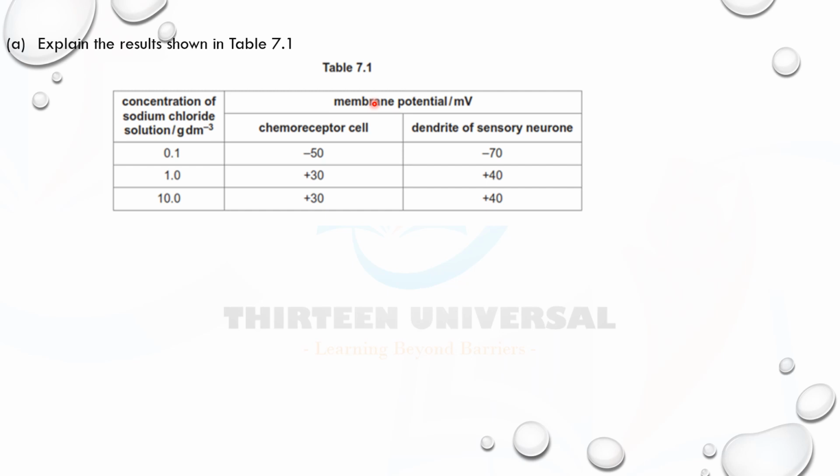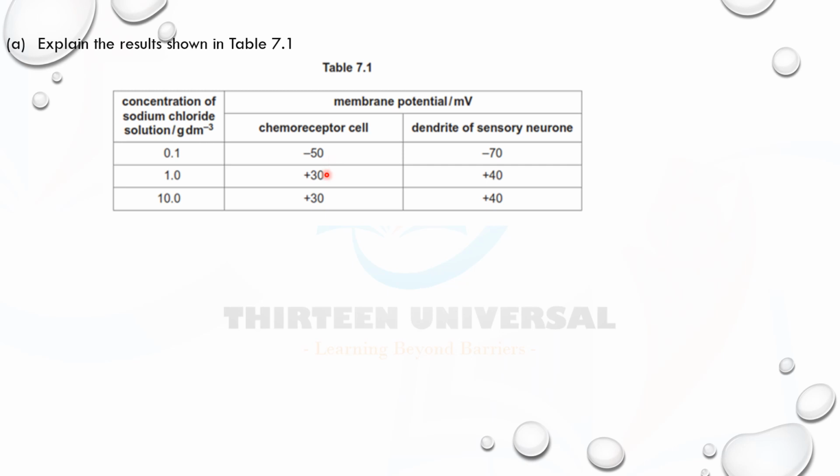Remember that the arrival of the stimulus causes the membrane to become depolarized. Because it is depolarized, if that change in membrane potential is greater than the threshold potential, you have an action potential initiated.